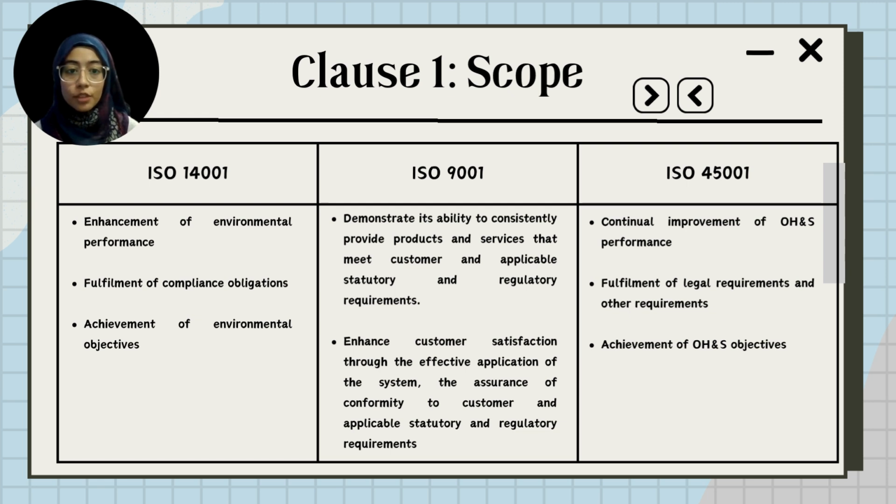For the scope of ISO 14001, it is the enhancement of environmental performance, fulfillment of compliance obligation, and achievement of environmental objective. For the scope of ISO 9001, it demonstrates its ability to consistently provide products and services that meet customer and applicable statutory and regulatory requirements, and enhance customer satisfaction through the effective application of the system, the assurance of conformity to customer and applicable statutory and regulatory requirements.